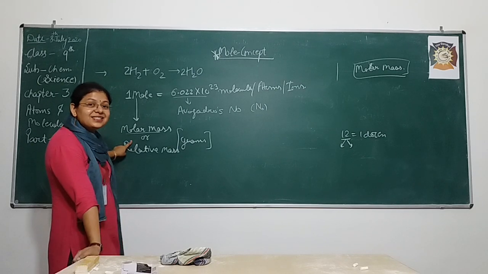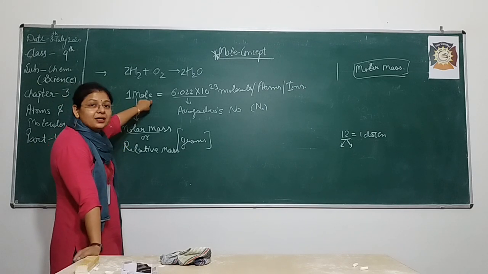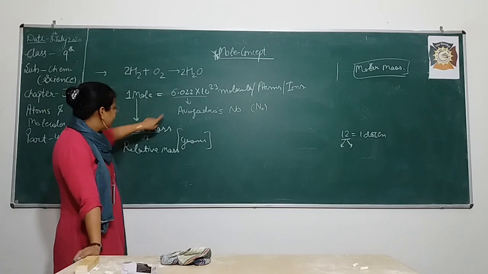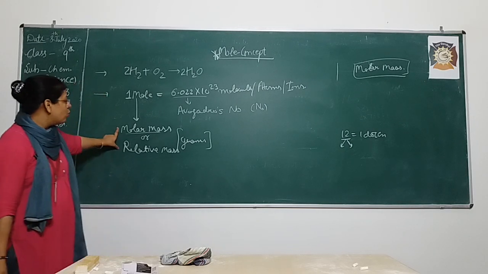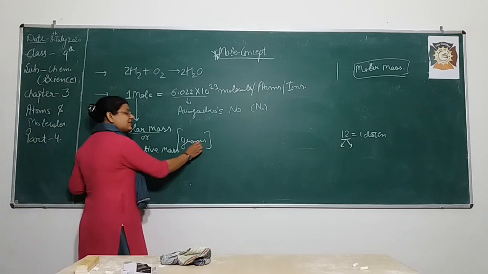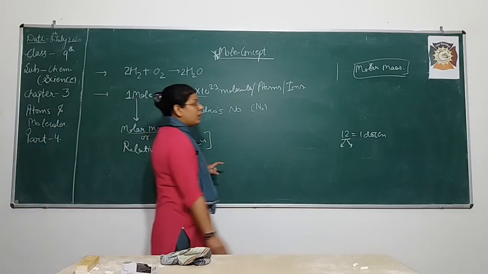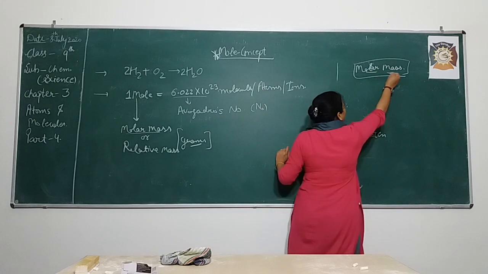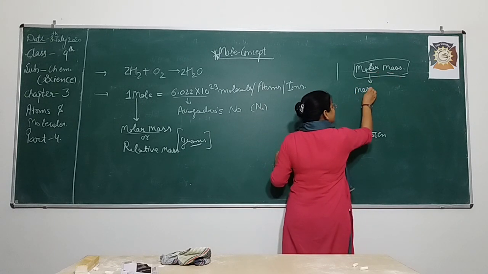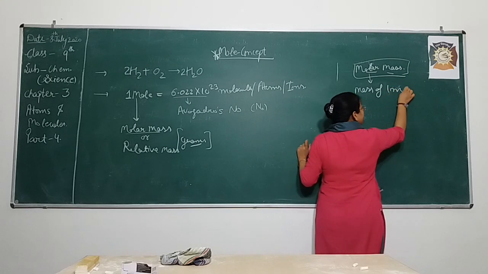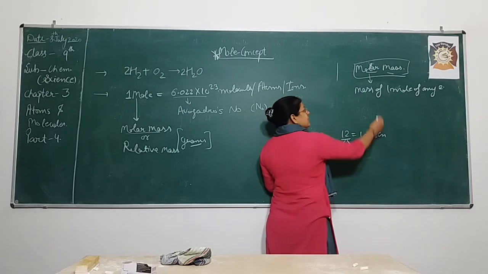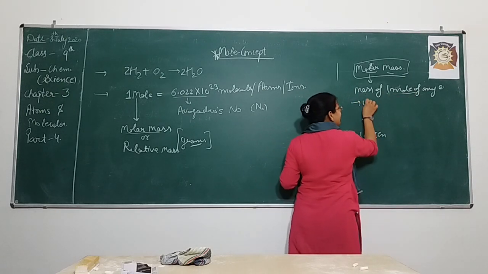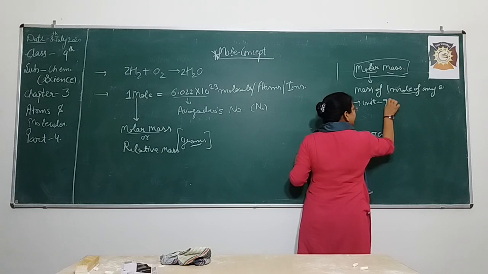But for 1 mole of oxygen, the number of particles is the same, but the mass is different, 16 grams, because the unit of this molar or relative mass is grams. So the term molar mass stands for the mass of 1 mole of any element, and its unit is gram.